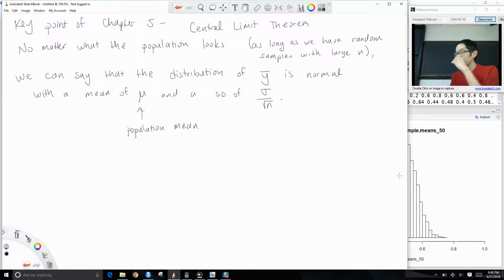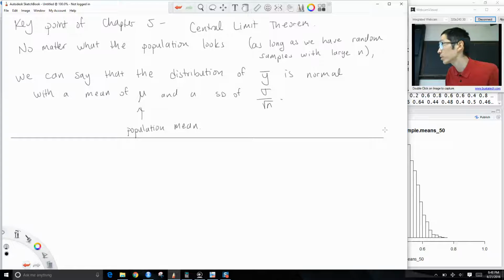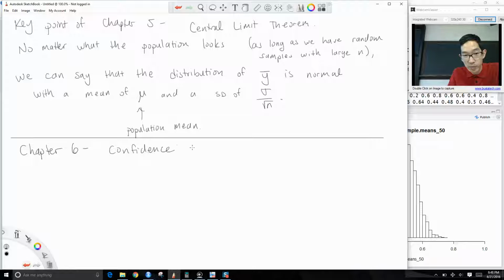Okay, and so we're going to start chapter 6, which is our first step into statistical inference, and we're dealing with confidence intervals.